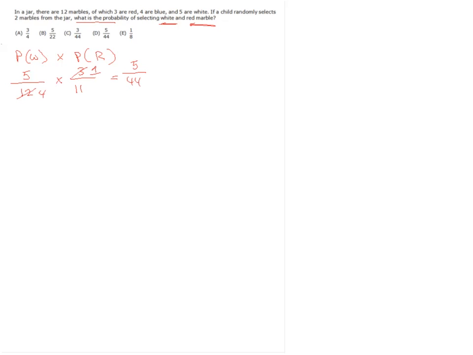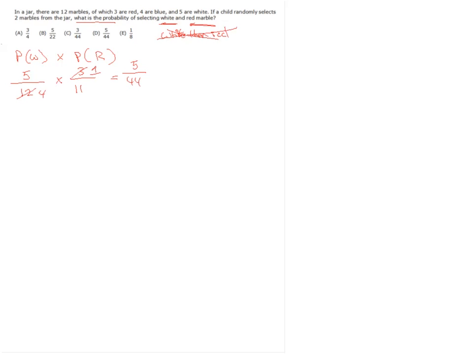Now, the trap answer in this question is actually D. The reason that's a trap is because there's other ways in which you can make this selection. Remember, it doesn't say white, then red.